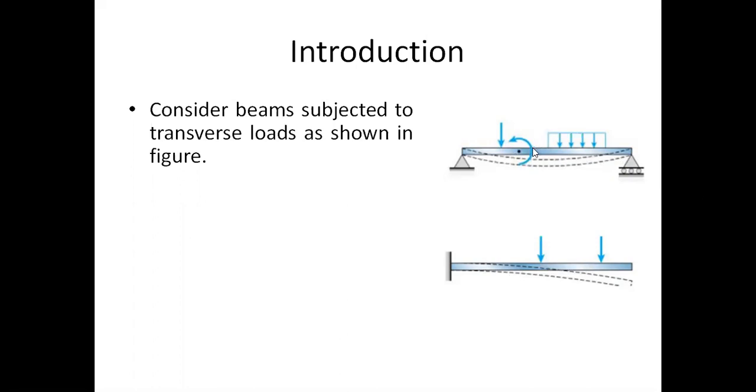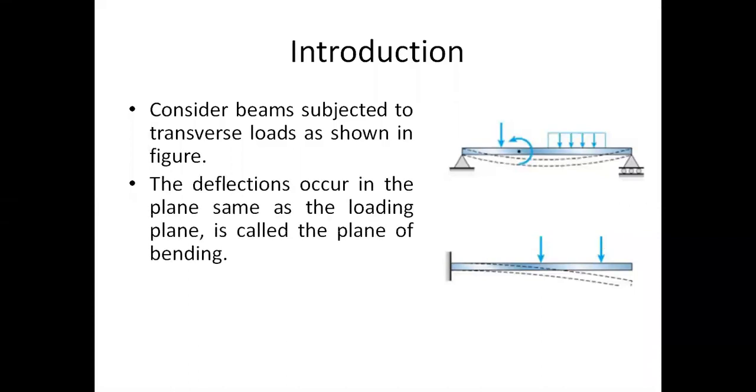What do you mean by transverse load? Transverse load is the load acting on a beam perpendicular to its axis. The beam is like this and its longitudinal axis is like this. And if a load is applied like this, then it is called a transverse load. So these are the loads that are given here.